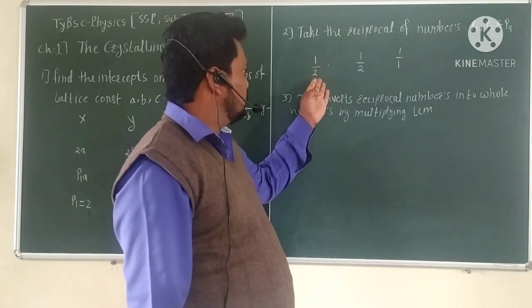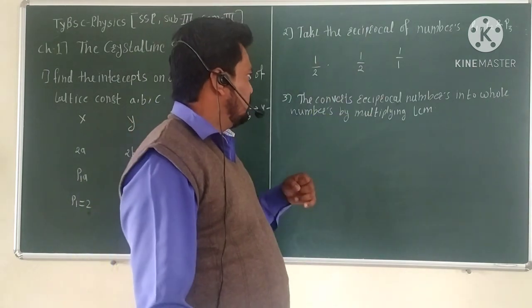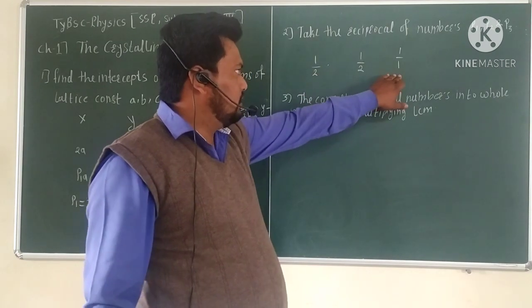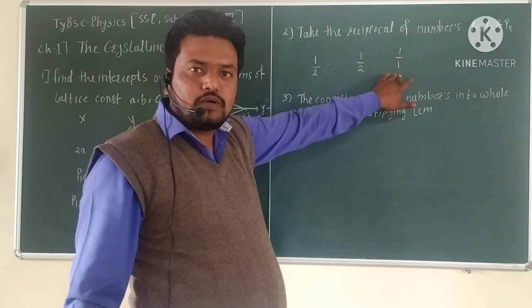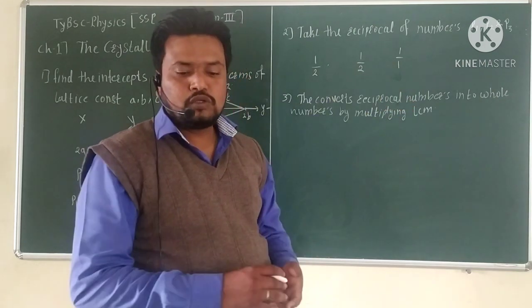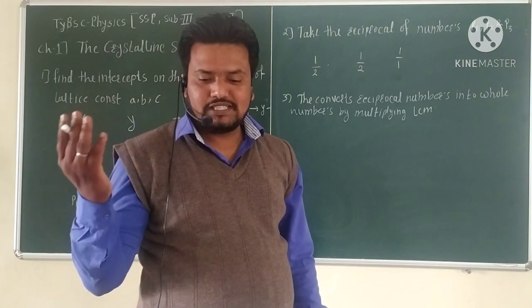Consider 2, 2 and 1. The lowest number that divides these numbers, which is 2, so the LCM we get here is 2.